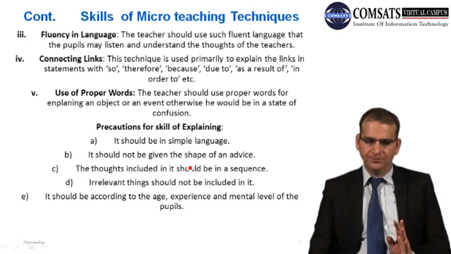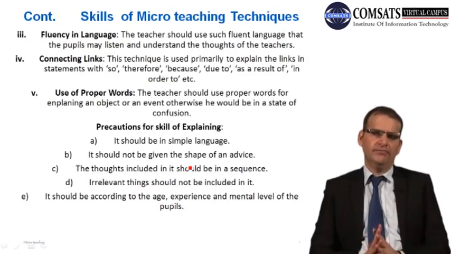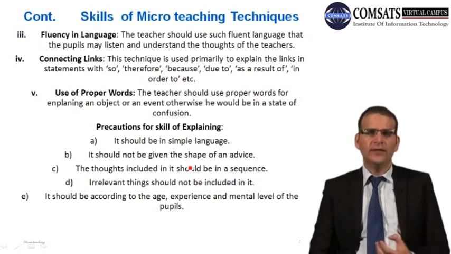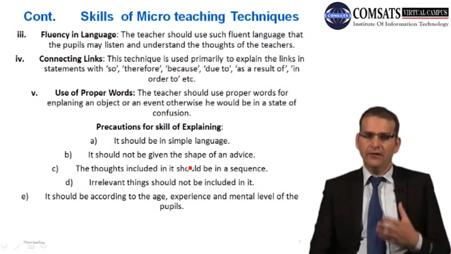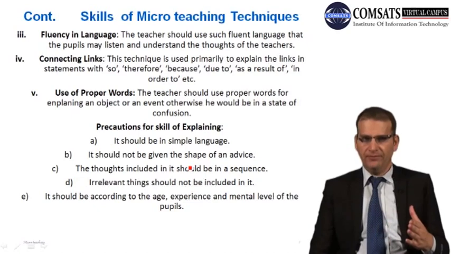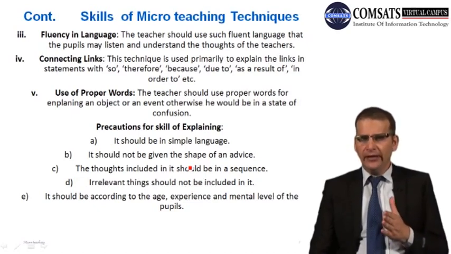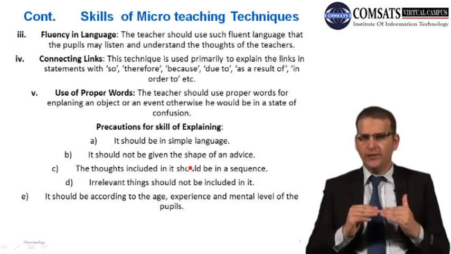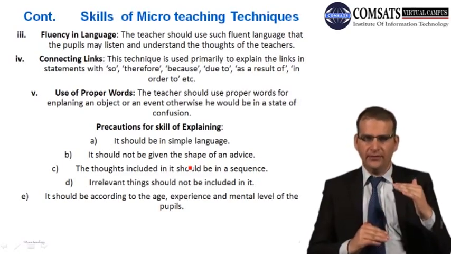Got my point? Another important sub skill of this is fluency in language. I hope you understand. You need to be fluent in language, right? Fluency is a must. It doesn't mean that accuracy is compromised, no. But if you compare these two sub skills of explanation skills, fluency dominates.